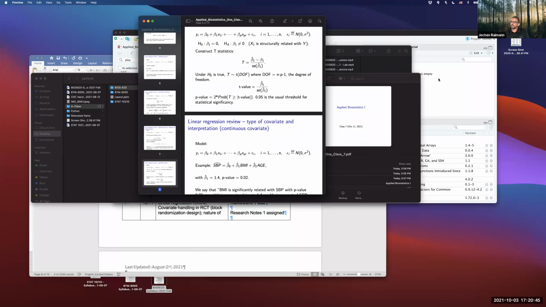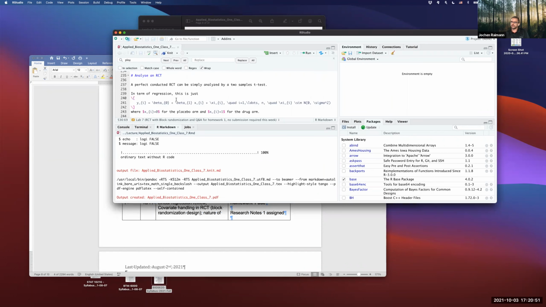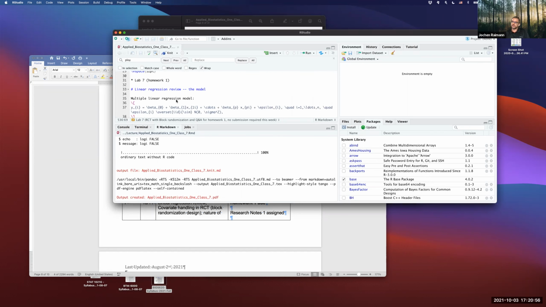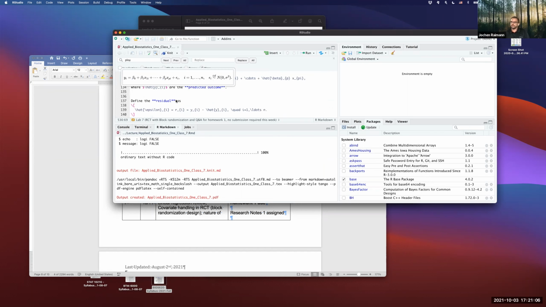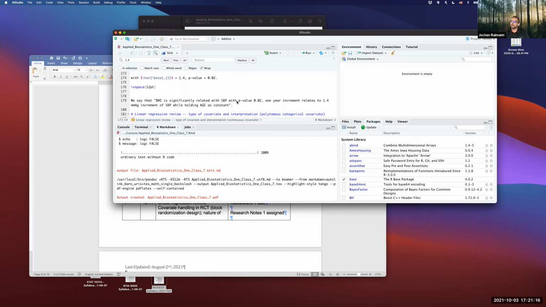So obviously, this constitutes that we need to hold age constant. This is important to keep in mind, because essentially beta 1 hat, as stated here in this example, is with a 1 unit increment.